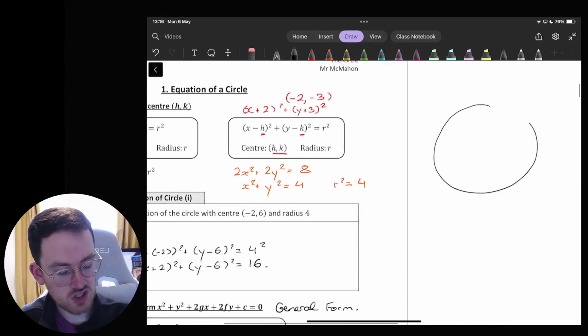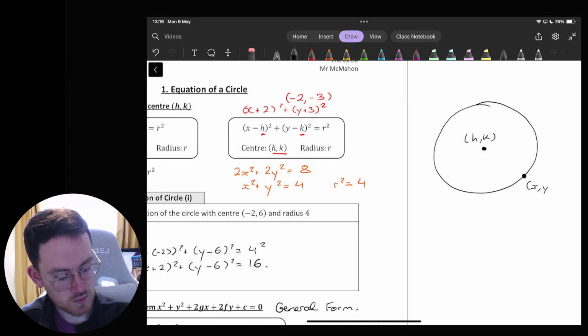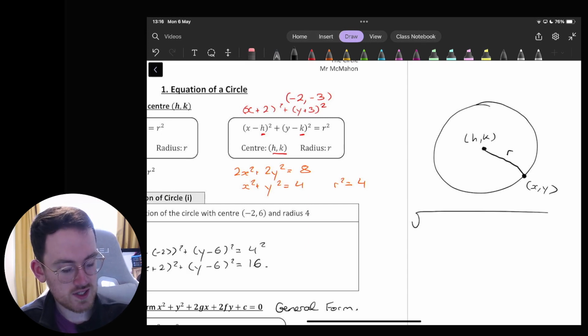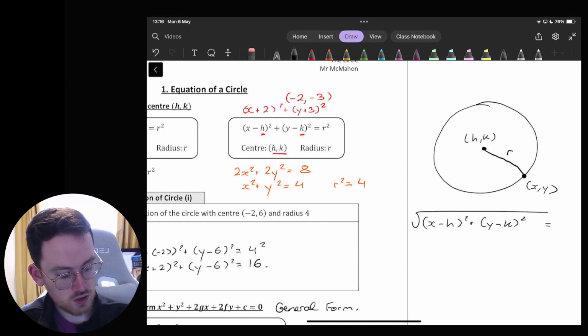If we think about a general circle here with a center of h, k, and I pick any point on my circle and I call this point x, y, well then the distance between these 2 points would be the radius of my circle. And if we apply our distance formula, x minus h squared plus y minus k squared, that should be equal to the distance, which we're saying here is the radius, and by squaring both sides we can see that we end up with the equation of the circle in that correct format.